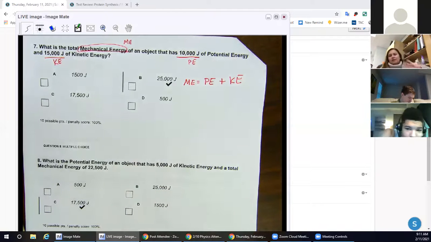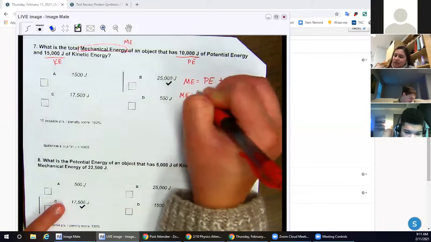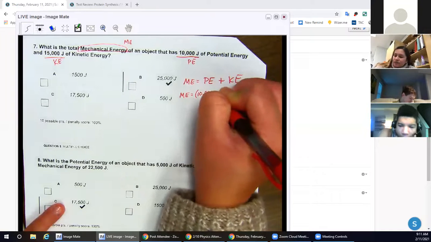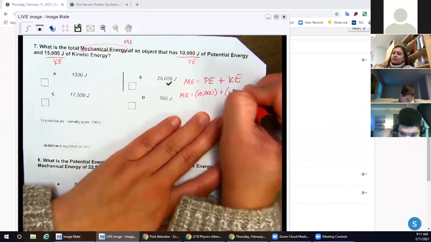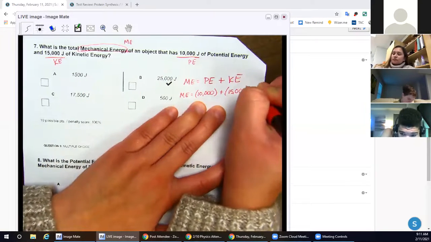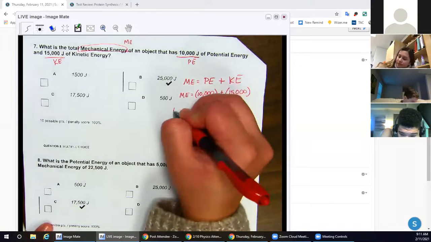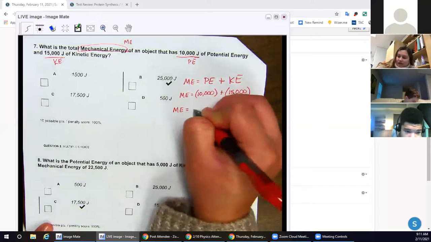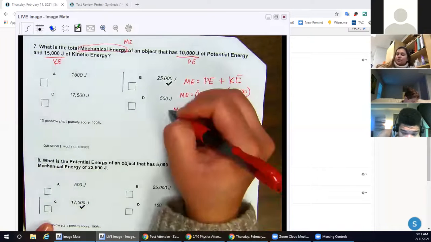Either way, you're adding them together. That's all that matters. So mechanical energy, your potential is 10,000. Your kinetic is 15,000. So 10,000 plus 15,000. Your mechanical energy equals 25,000 joules.